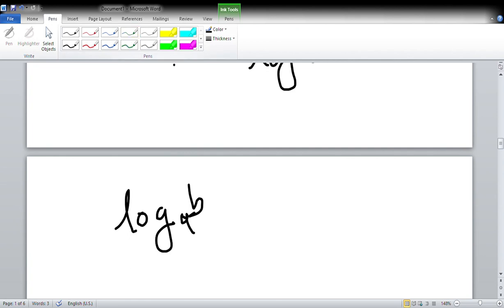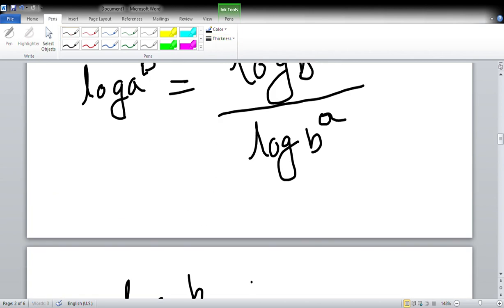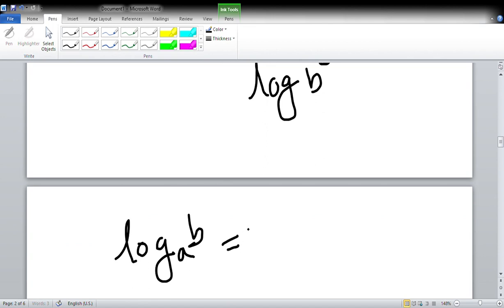Log b with the base a is equal to, what is that?